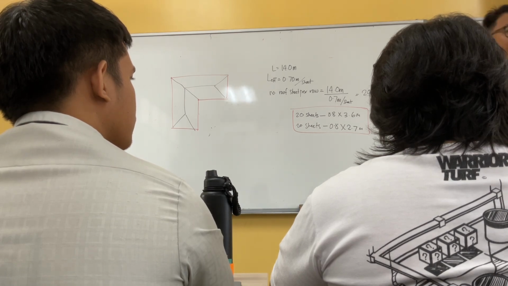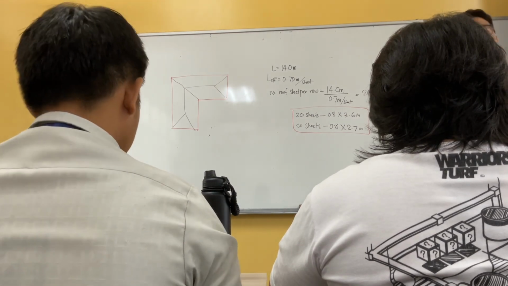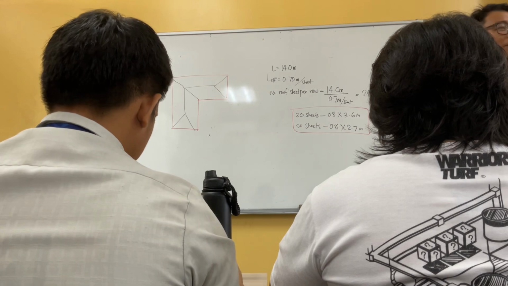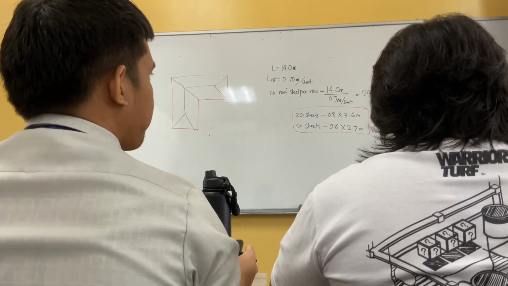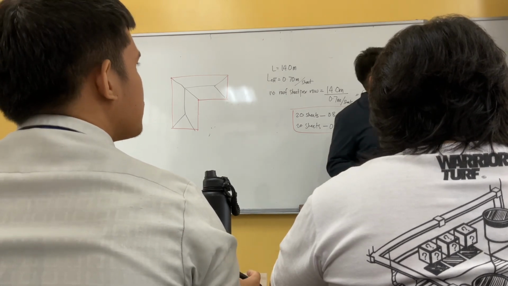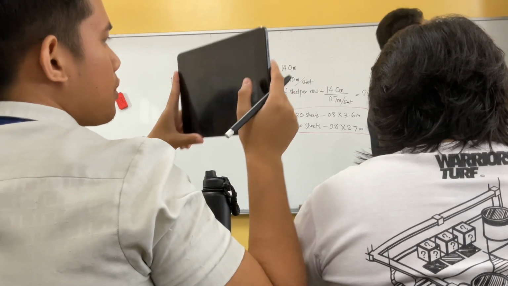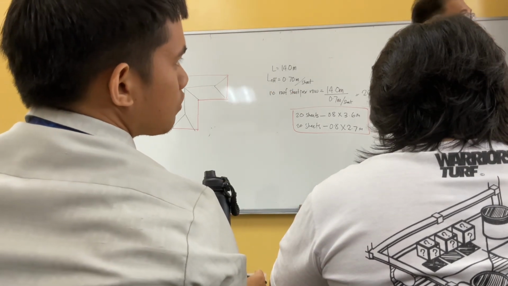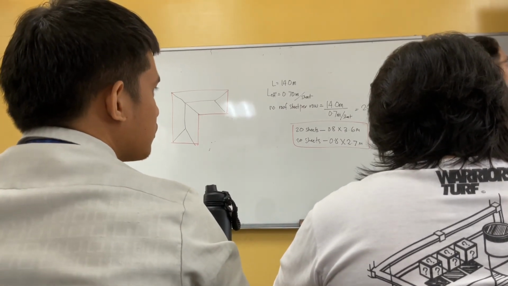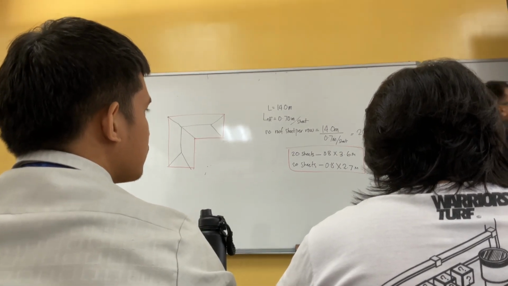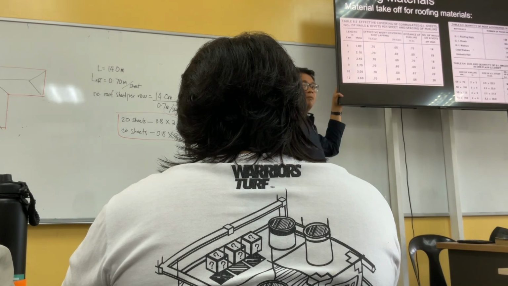So for the number of rivets, or let's just say the number of umbrella nails we will use, how many umbrella nails do we need for the installation? For the 3.6 meter length, it is 26 nails per sheet.